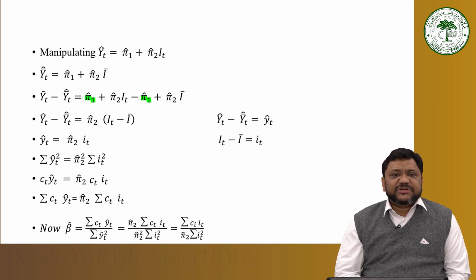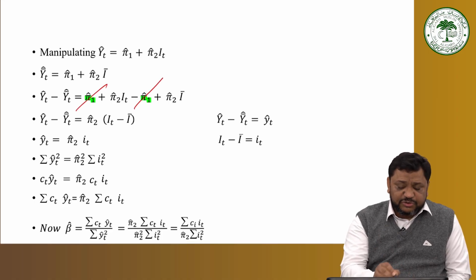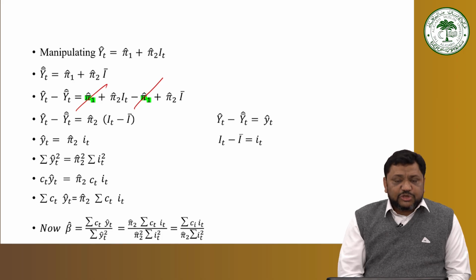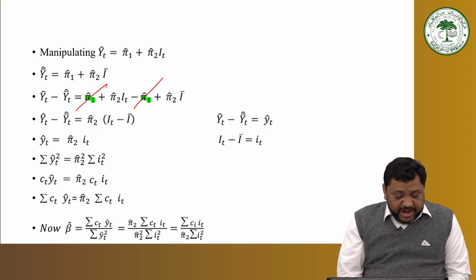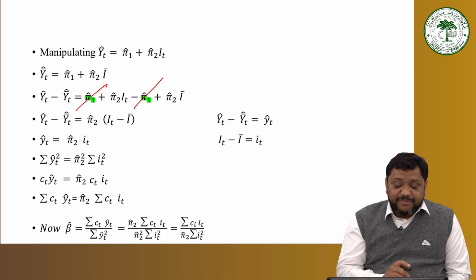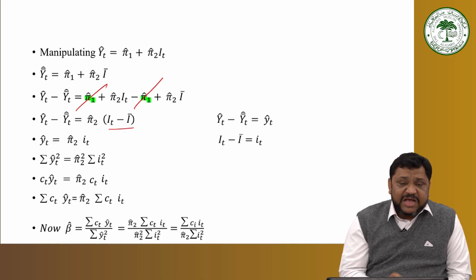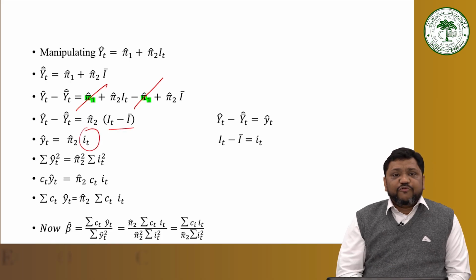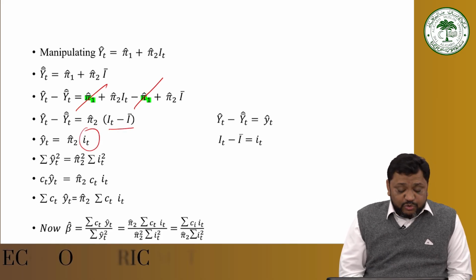The terms highlighted in green, these two terms, can be cancelled out. So we are left with YT hat minus Y bar hat equal to pi2 hat multiplied by bracket open IT minus I bar. Now IT minus I bar we can write as small it. So YT hat is equal to pi2 hat small it.